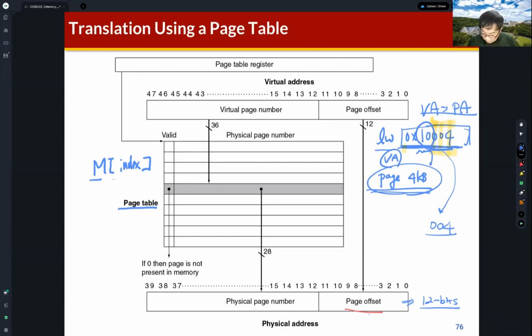The physical part is called the physical page number, abbreviated PPN, and the upper part of the virtual address is called the virtual page number, VPN. So the VPN is translated into the physical page number.